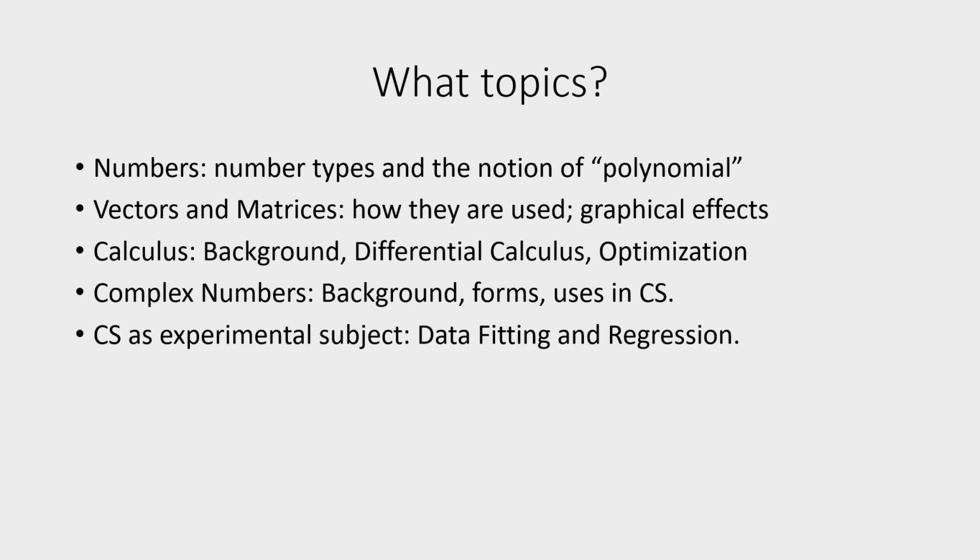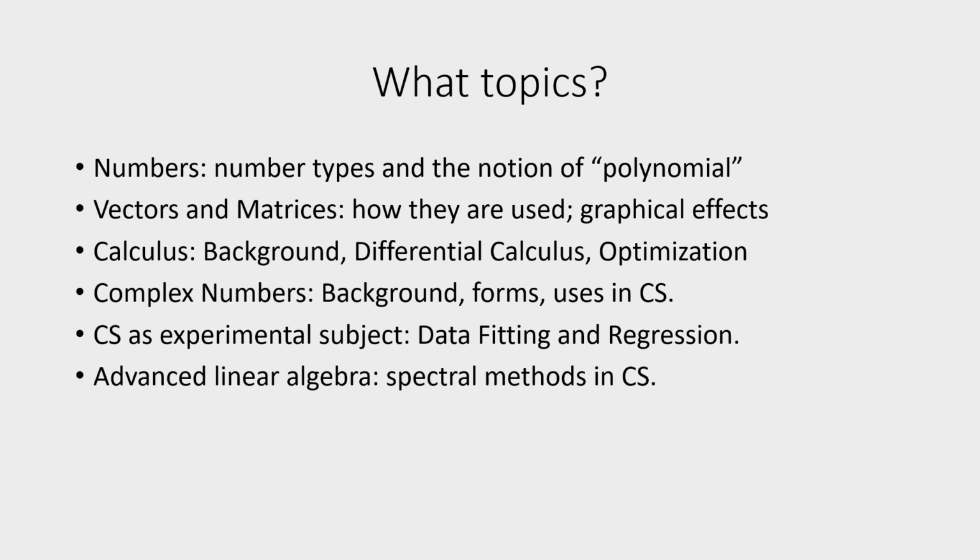I'll take a brief look at the idea of computer science as an experimental science, and we'll look at techniques which are important in experimental analysis, namely the topics of data fitting and what is referred to as regression.